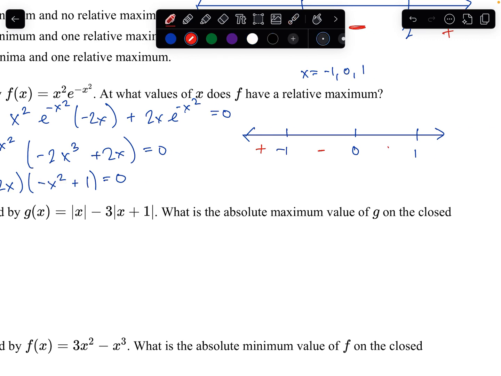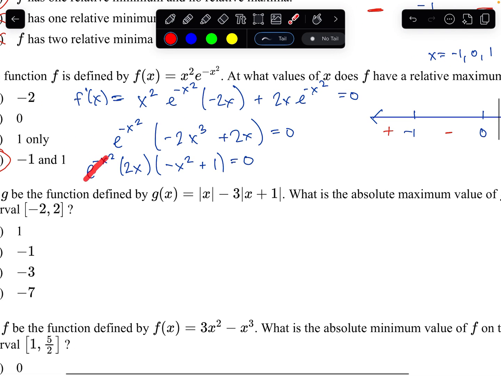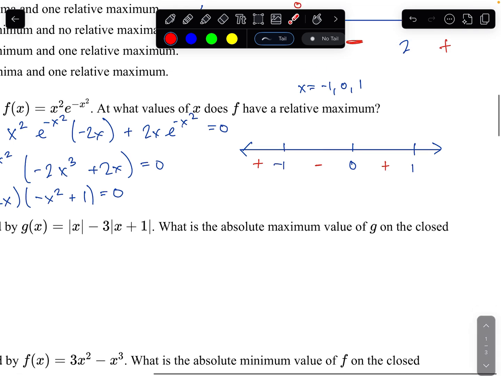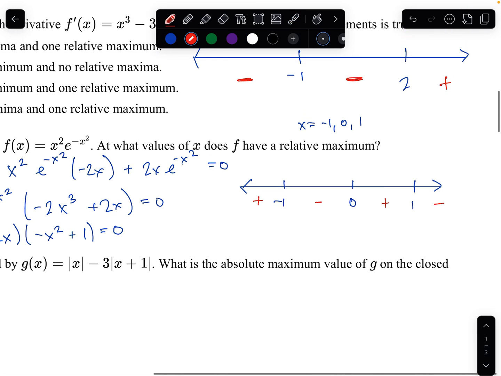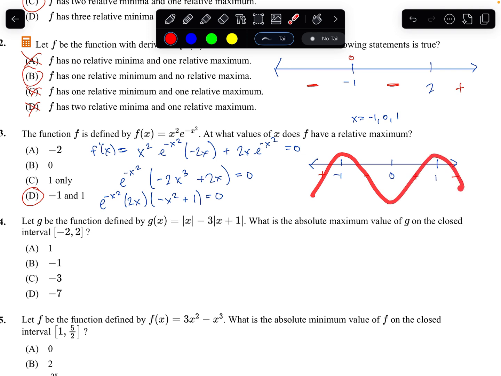So it's got to be positive here. And then if I plug in something like 2, that's positive. If I plug in 2 here, that's positive. If I plug in 2 here, this is going to become -4, so that's going to become negative. So negative. So the function is increasing, decreasing, increasing, decreasing. So at what values of x does f have a relative maximum? At -1 and at +1. So yeah.